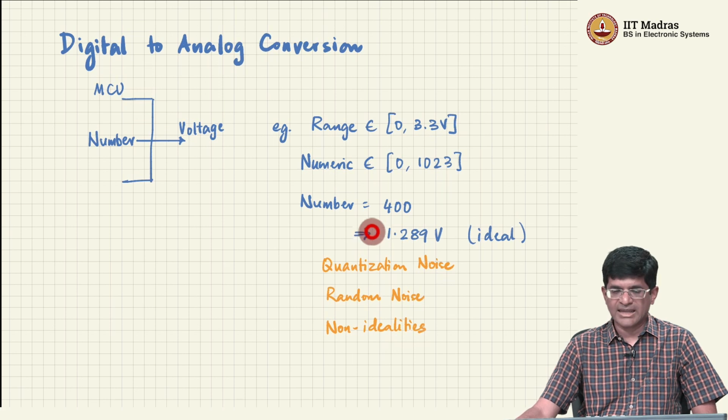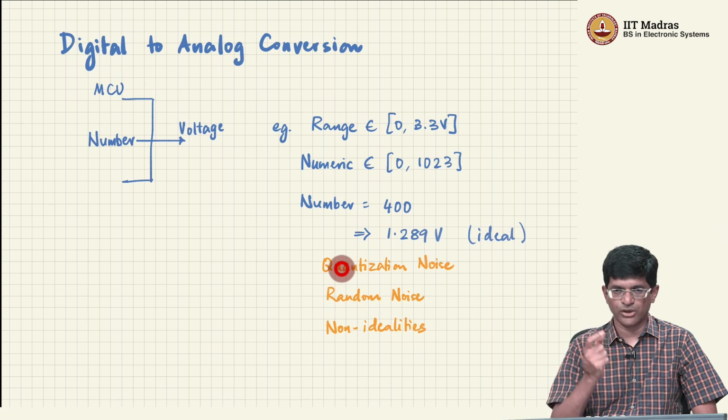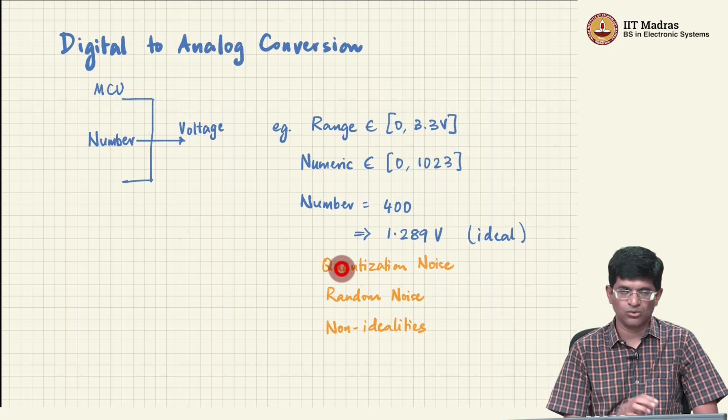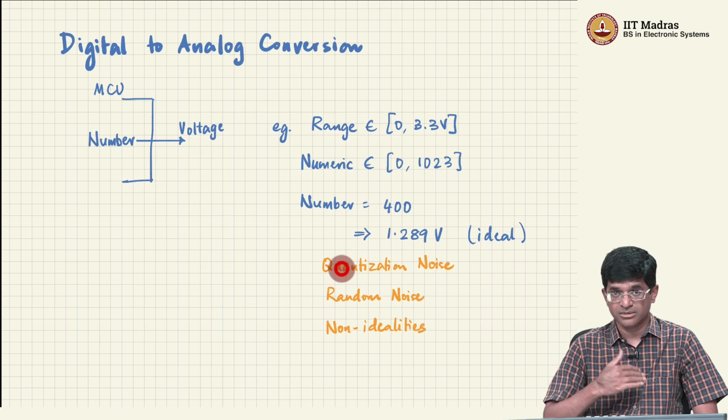And not just that, this is an ideal value. In reality, there will be quantization noise, which comes from the actual resolution step size that you have. There will be random noise, which could be temperature related, or related to how your circuit was built, and there could be non-idealities, which means that the number 400, even though ideally I would want it at 1.289 volts or so, might end up getting mapped to something higher or lower in a systematic fashion.